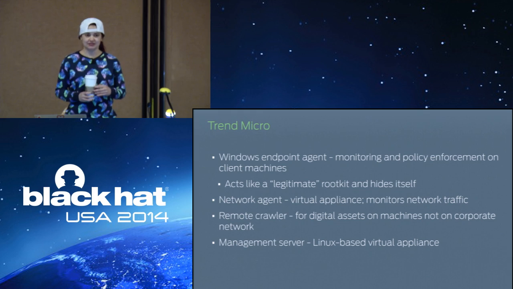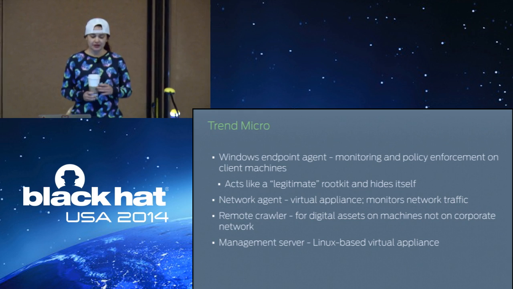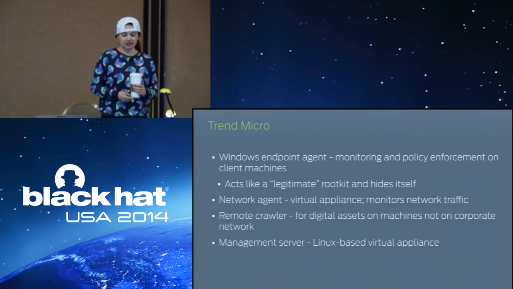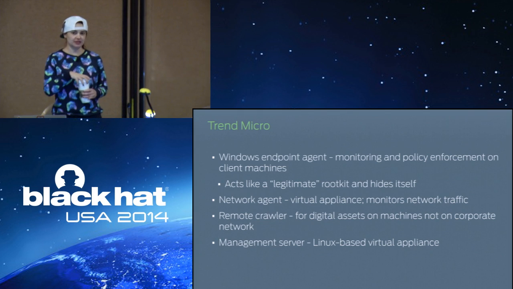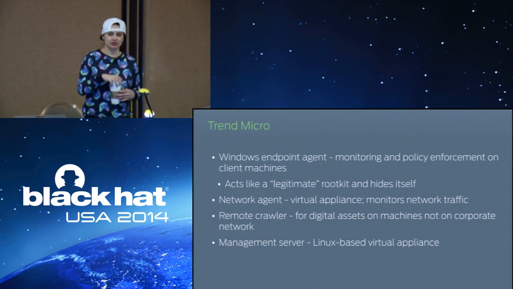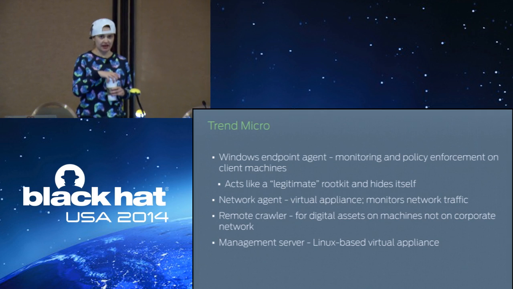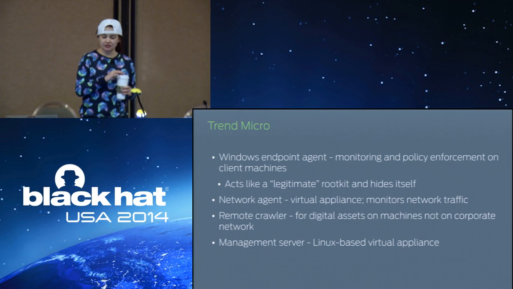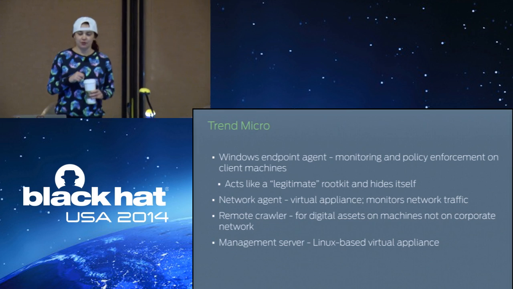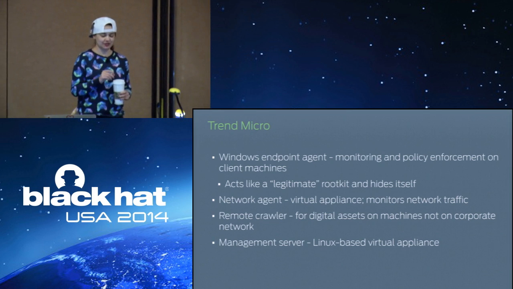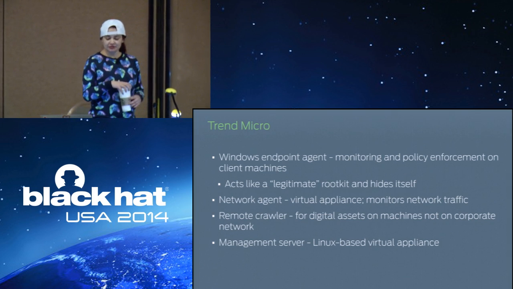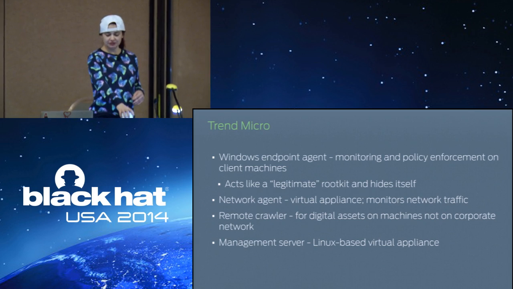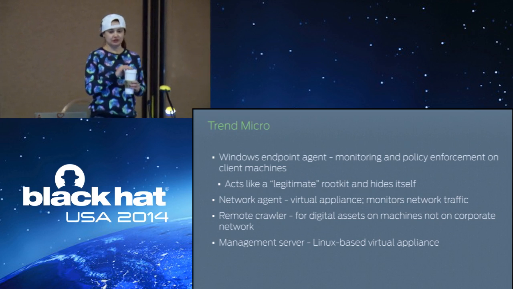Yes, it's definitely great. We didn't really look at the network agent too much, but it's basically like a virtual appliance. It's not something like an actual network tap, but it's just going to sit there sniffing everything that flows by it. And there's another interesting component, which is called the remote crawler, and we'll talk a little bit about why it's a little funny later. It doesn't even make any sense to me, but they say it's for assets that are machines on a corporate network.